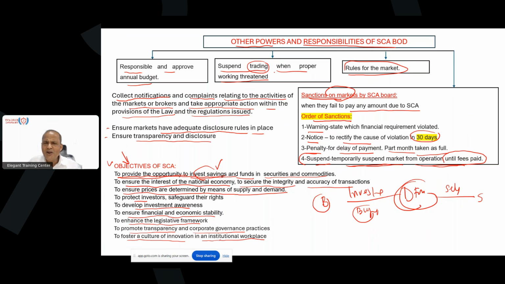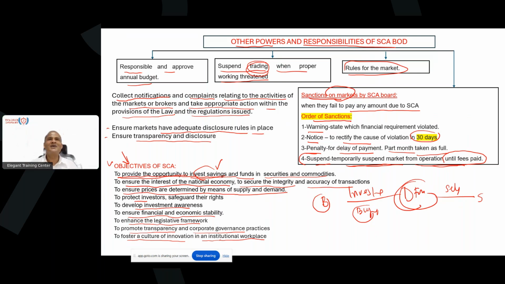And here trading can be suspended. Suspension can be for two reasons. Number one, non-payment of fees. If Dubai Financial Market has not paid their amount to SCA, SCA can temporarily halt the market. No trading can happen.